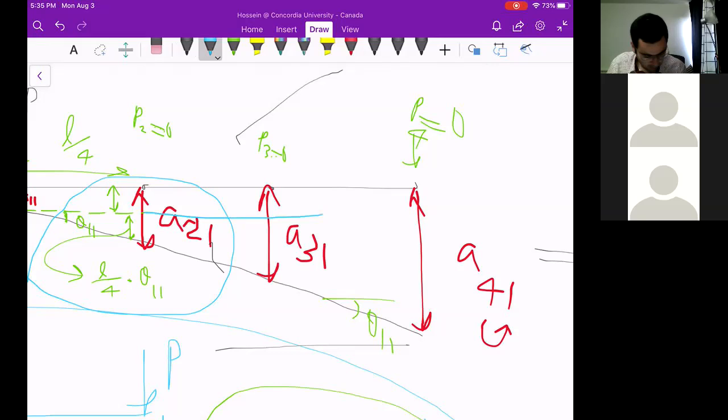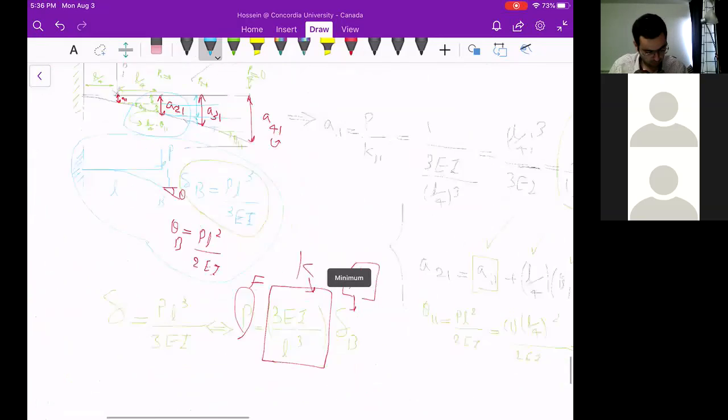Similarly, for A31, you can find A31 from A21. So A31 is A21 plus this length, L over 4, multiplied by theta 1, similarly because the theta is the same at each part.